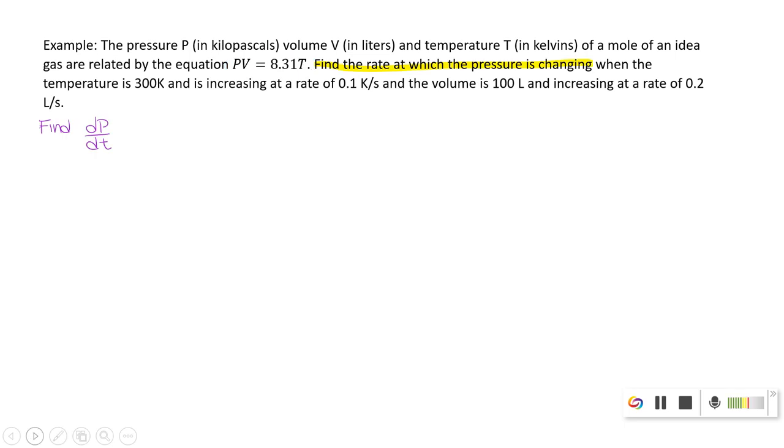What this problem is asking us to find is the rate at which the pressure is changing. So how is pressure changing with time? That would be dP/dt.